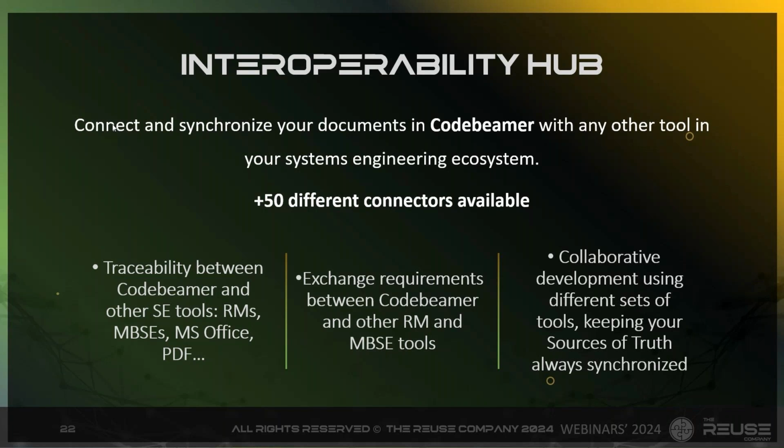So we have connectivity to other tools like, I don't know, classic Doors, Doors Next Generation, Polarion, and plenty of other tools. But also, as you know, modern MBSE tools normally also allow room for requirements. So, as I will show in one of my demos, you can take the requirements in Codebeamer and push or synchronize those requirements into an MBSE tool.